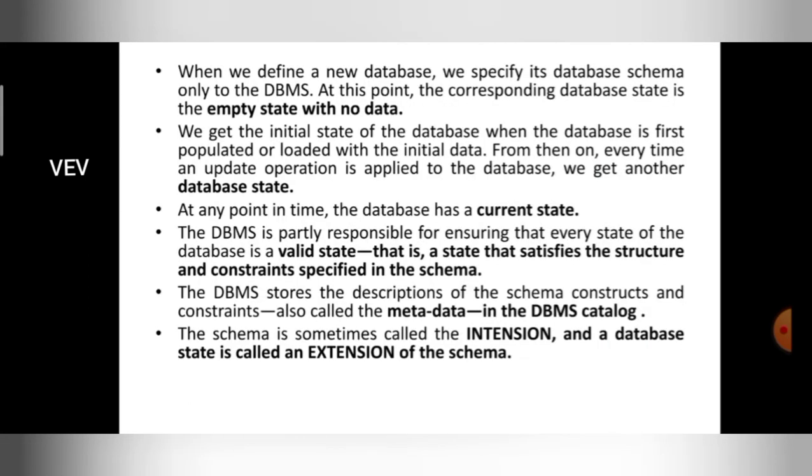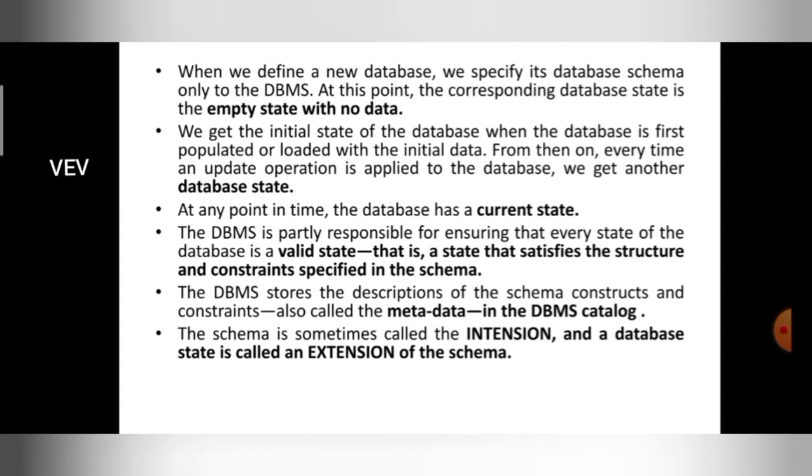Next, the DBMS is partly responsible for ensuring that every state of the database is a valid state. Valid state means what? To understand this, consider an ATM example. Assume that you are withdrawing money from the ATM. Suddenly, if power goes off, the money should be properly updated. Assume that you won't get any money, but once the power comes back, the amount is deducted.